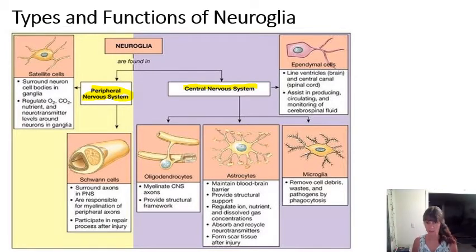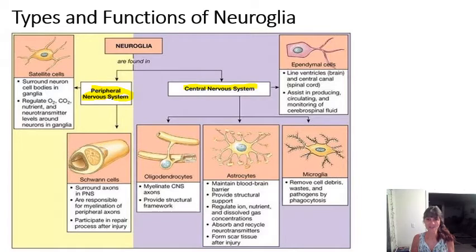In the central nervous system, we've got more neuroglial cells, including oligodendrocytes, which will produce myelin around axons in the central nervous system and help provide structural framework. We also see astrocytes, which are star-shaped cells, astro meaning star.